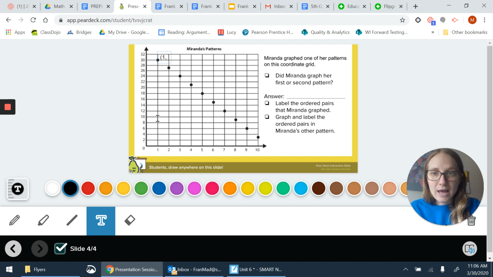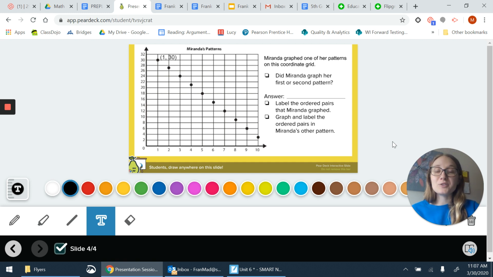And then on the y-axis, that's the next coordinate that's listed, it's up at 30, so I have 30. There, I did the first one for you, okay? But you will go ahead and label each of the pairs here. Then you need to graph and label the ordered pairs in the other pattern. So whichever pattern's not represented here, you'll graph that pattern and label those as well.